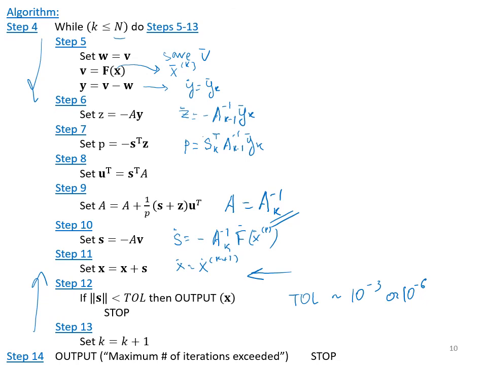And if we achieved this tolerance, we can print our X and stop the procedure. If we did not achieve our accuracy, then we go to step 13, where we assign k as k plus 1. We change our index and go back.